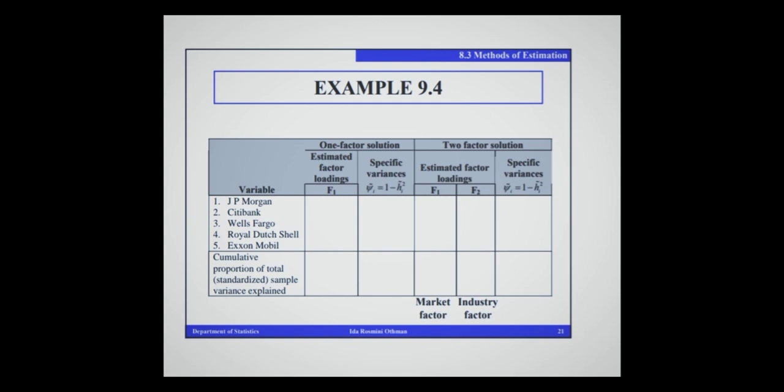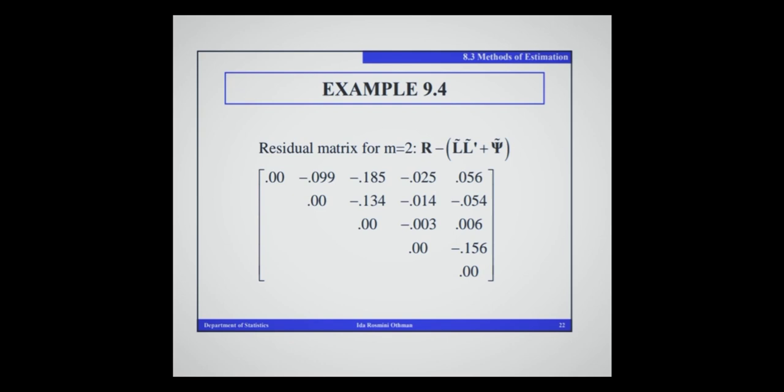Let's say kat sini you create lah residual matrix untuk bila satu factor, and you create pula residual matrix bila kita gunakan dua factor. So you compare dia punya residual. You compare dia punya residual matrix, which matrix that produce the smaller residual, that factor model will be the best one.